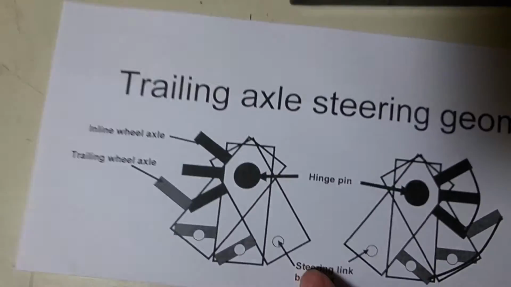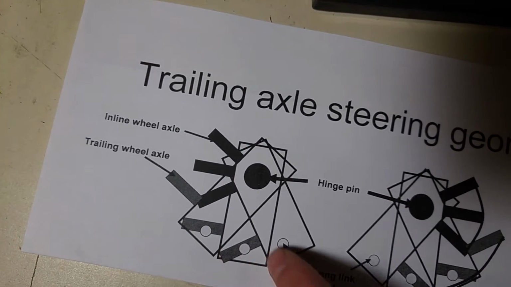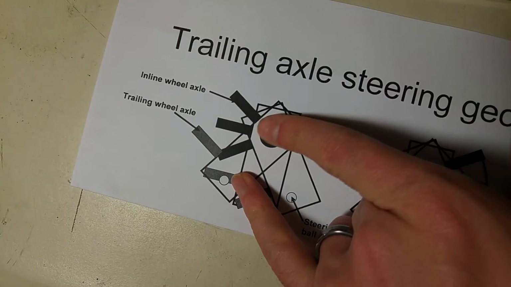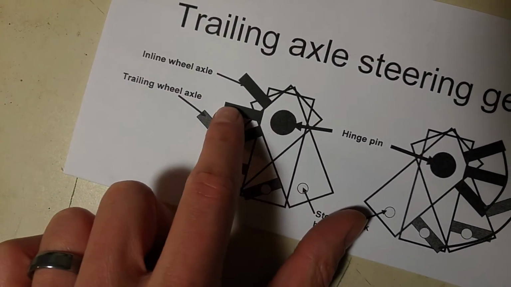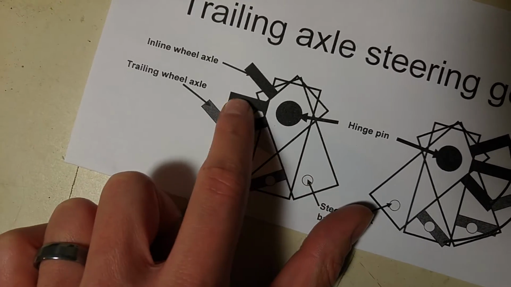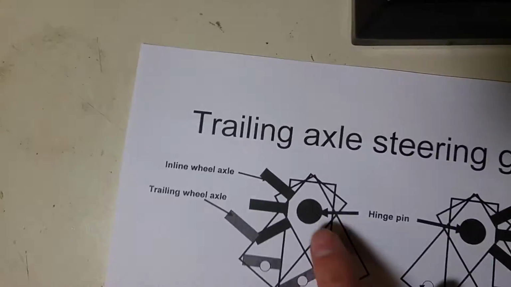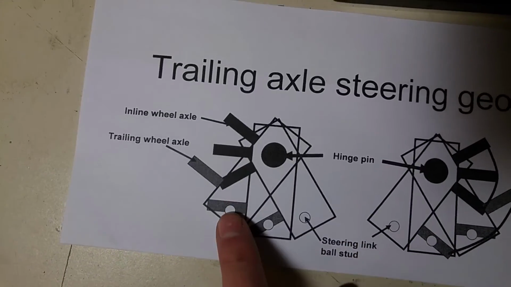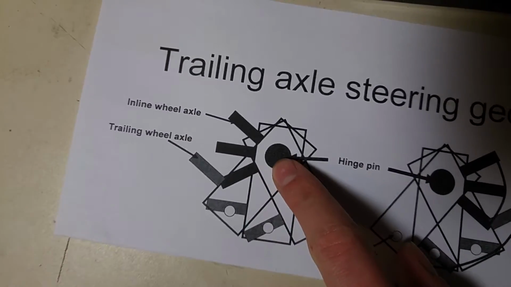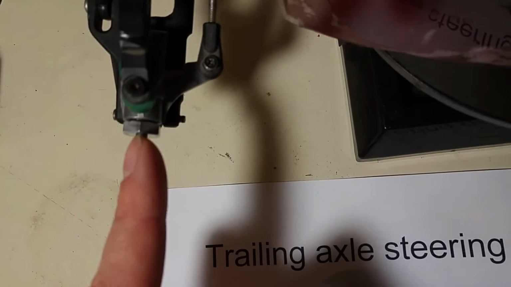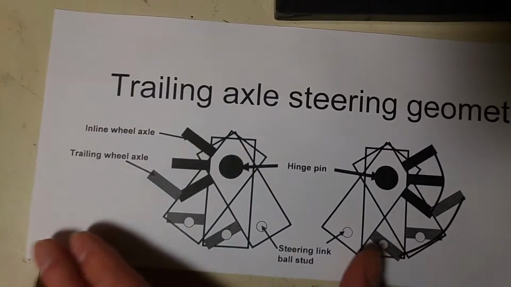Within this rectangle, I have two extreme cases, the dark case and the light case. In the dark case, I have a rectangle extending outwards that represents an inline wheel axle, like what we have here. In the light case, I have an extreme trailing axle scenario where the wheel axle trails significantly behind the axis of rotation. That would be like taking this wheel axle and moving it all the way back here. Suppose that we can magically do that.